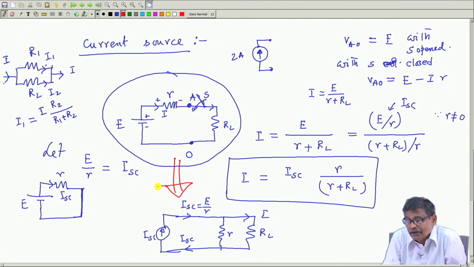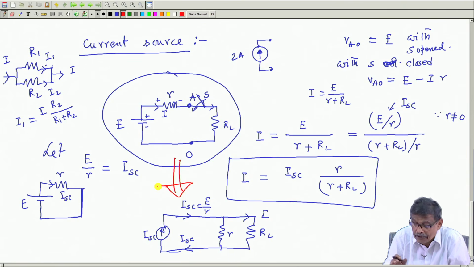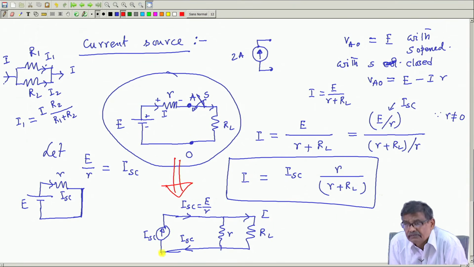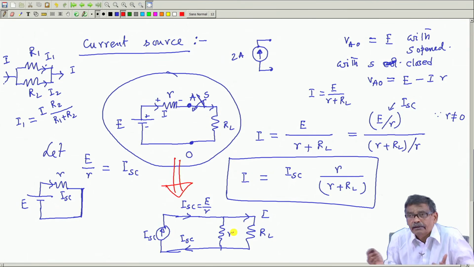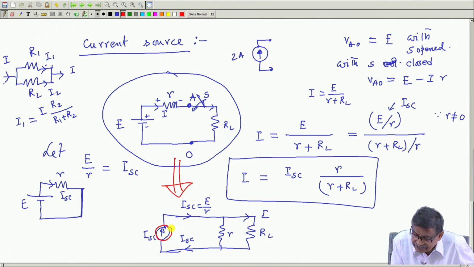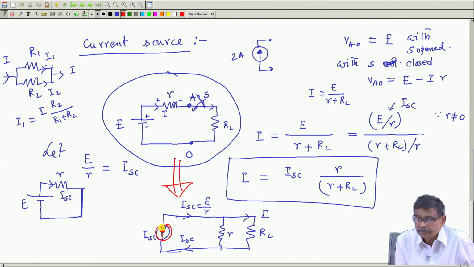That is another way of looking at this simple problem, is to say that look, there is a constant current here ISC, and there is your internal resistance of the battery small r and this capital RL, they are in parallel, and this I will denote by a circle with an arrow. The arrow is decided by in which direction battery was sending current, because of that.